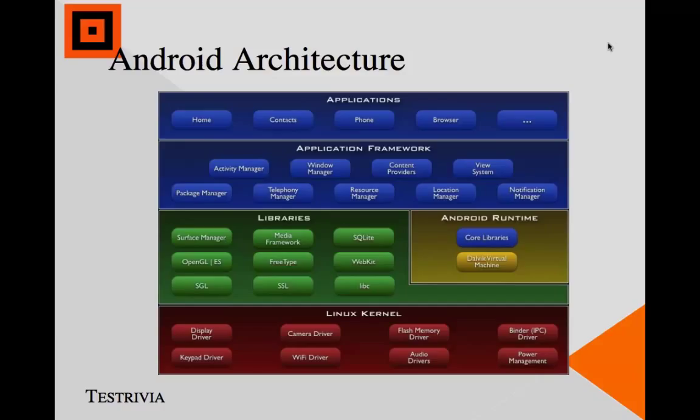And then you have libraries. There are different libraries. For example, WebKit is a library. What is WebKit? WebKit.org will give you more information. But WebKit is a browser engine, and surprisingly, WebKit is being used by Apple as well.